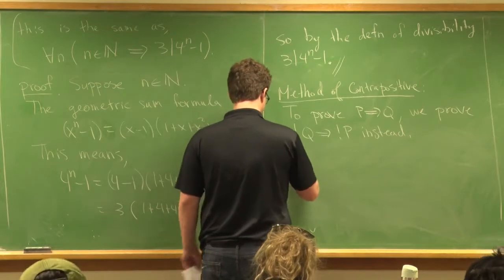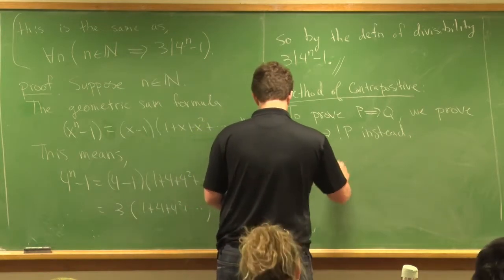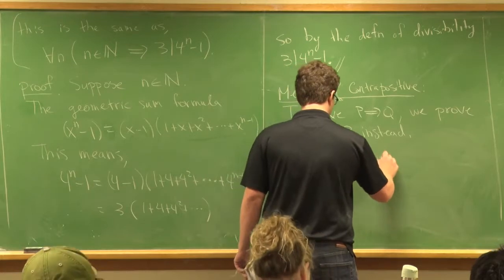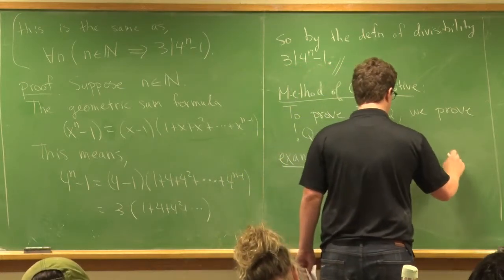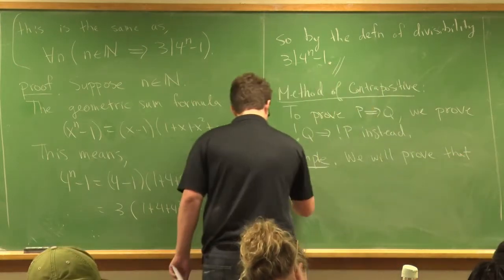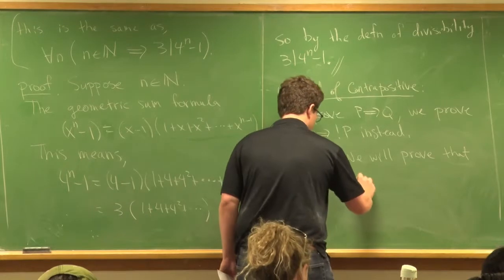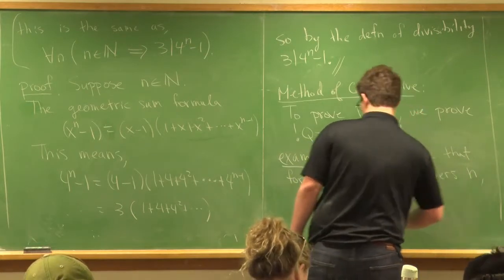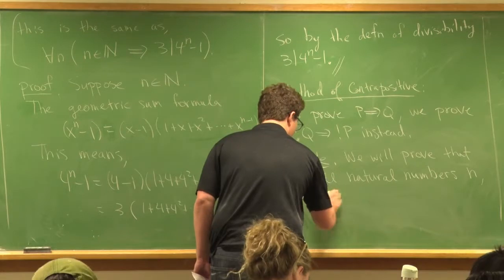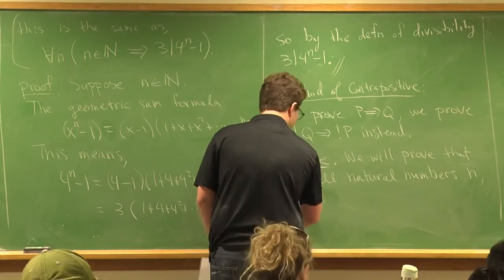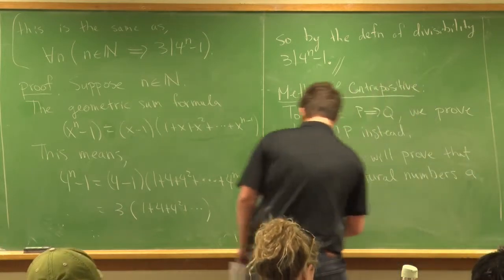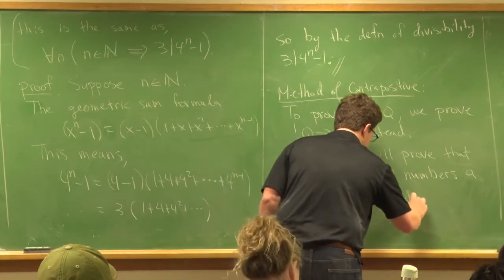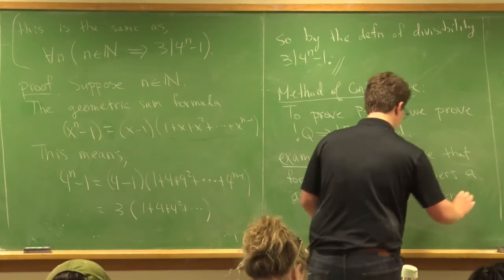Here, let me give you an example. We'll prove that for all natural numbers a and n, if a to the n is odd, then a is odd.